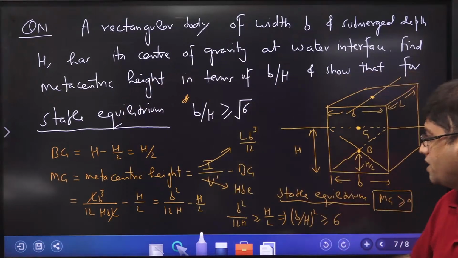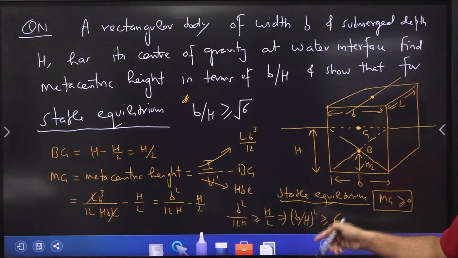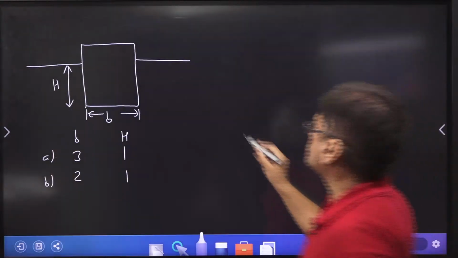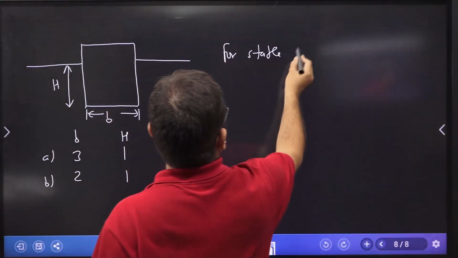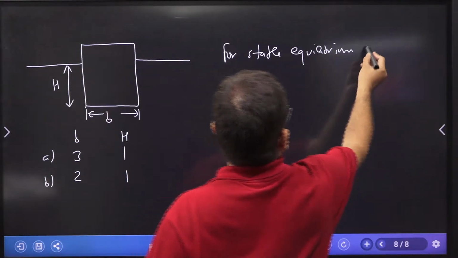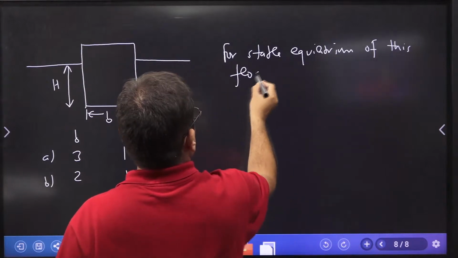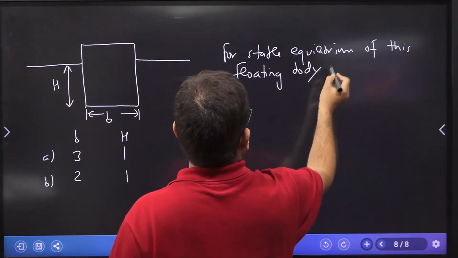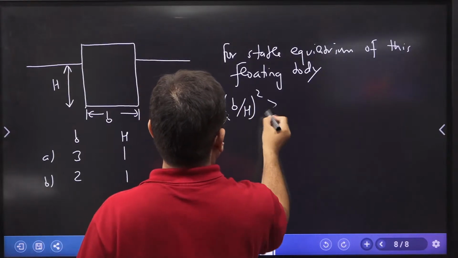The moment you take B 3 and H 1, what you get is 3 by 1 whole square, 9, which is greater than or equal to 6. B by H whole square, stable. For stable equilibrium of this floating body, what we should have is B over H whole square greater than or equal to 6.